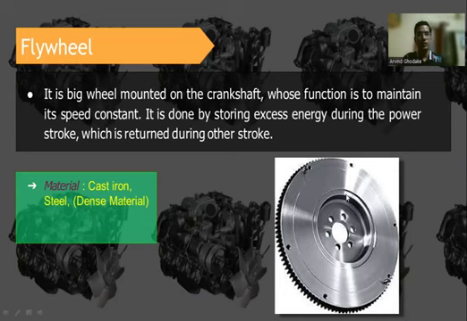So this is the wheel you can see, called a flywheel, which is used for storing the excess energy during the power stroke and providing the required energy during the other strokes. Then the material for the flywheel is cast iron or steel. These are the two commonly used materials for manufacturing the flywheel.